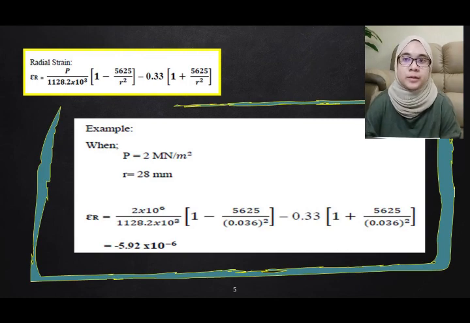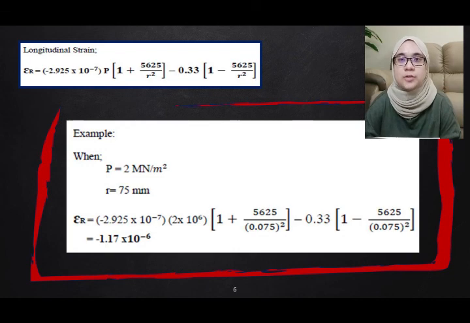For the example, with the same values as in the hoop strain, P is equal to 2 mega Newton per meter squared and R is equal to 28 millimeter. After we key in all the values into the equation, we got negative 5.92 times 10 to the power of minus 6.